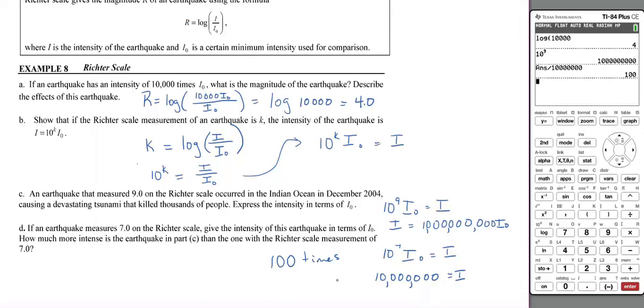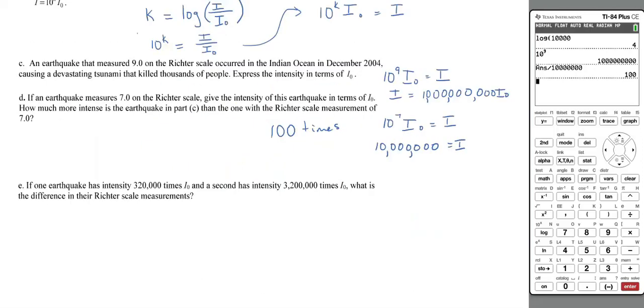So it might seem like a 7.0 on the Richter scale and a 9.0 on the Richter scale, that those numbers are fairly close, but it's so we're not having to deal with all of these zeros and counting all the zeros. That 9.0 Richter scale rating is 100 times more intense than a 7.0.